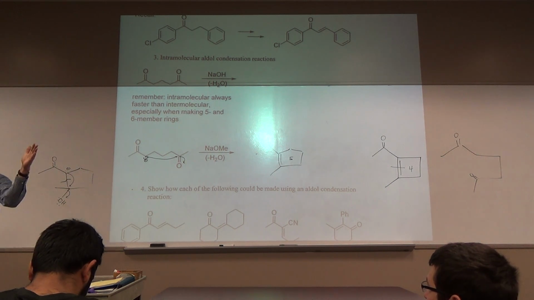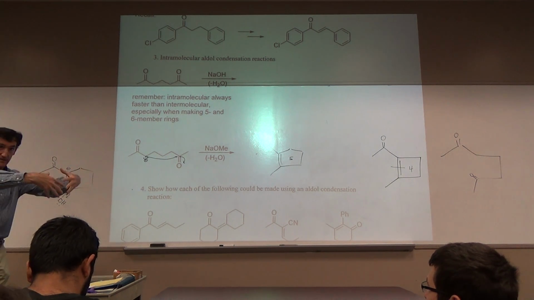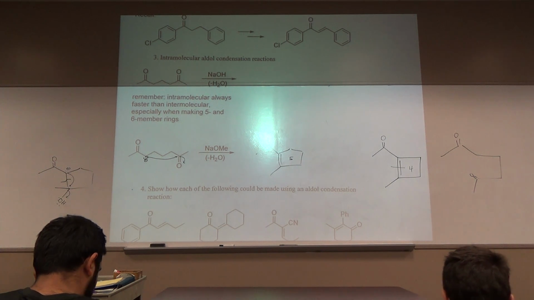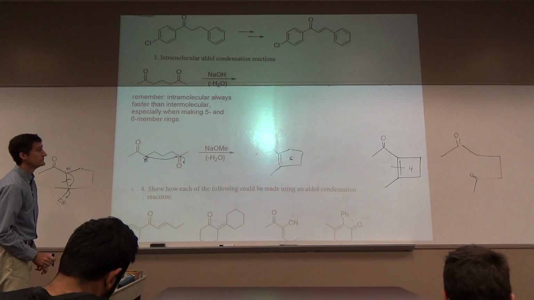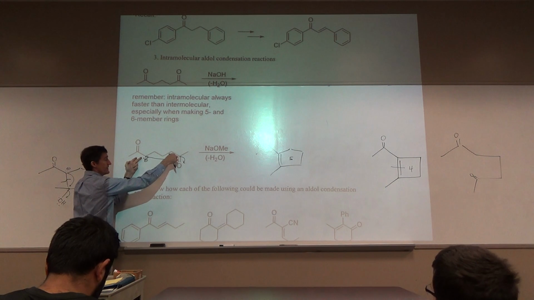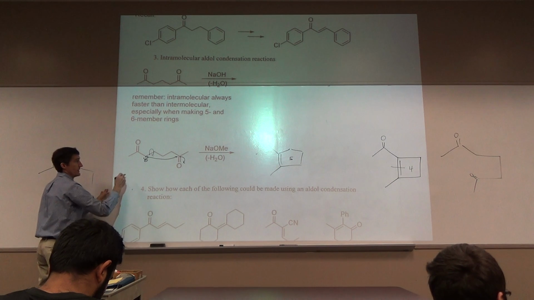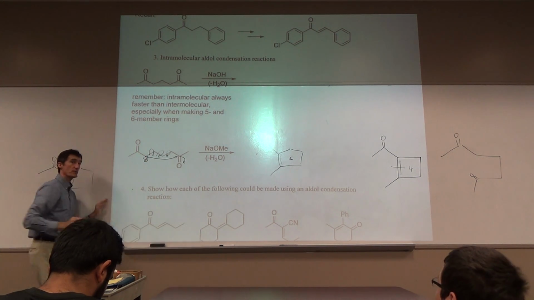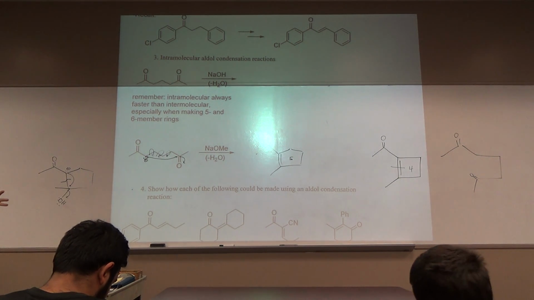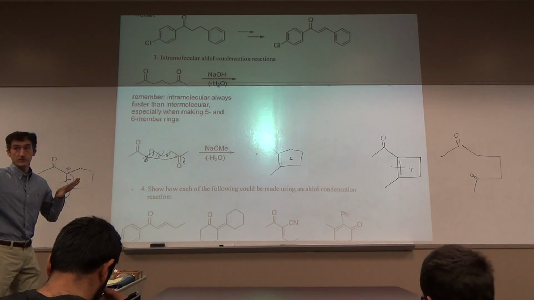I'm trying to slap hands, but a bigger ring is harder for all that to come together. 5 and 6 is easier to just come together. Because for this to react here, all this has to rotate. All that rotation requires a certain type of conformation, and you're restricting your entropy, because you have to get it all to rotate over here and bond, as opposed to flapping all over there.